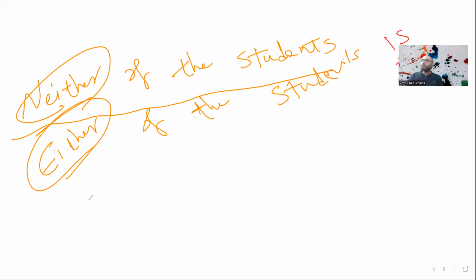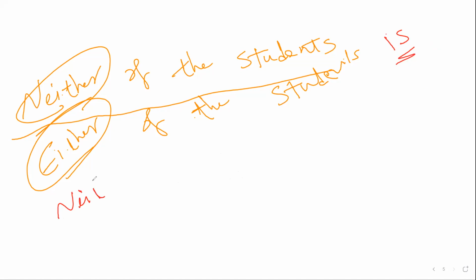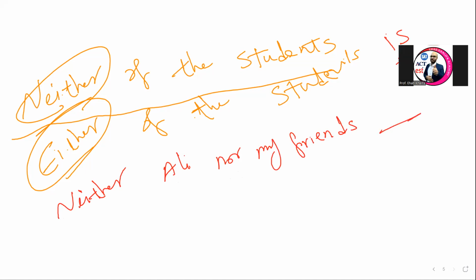see now, neither Ali nor my friends is or are? So easy. Now you are confused a little bit because you see nor.